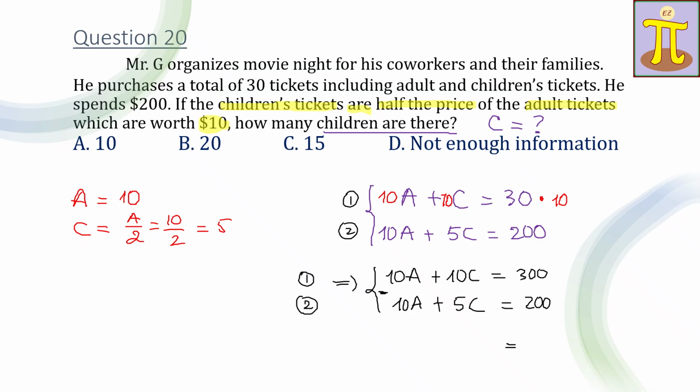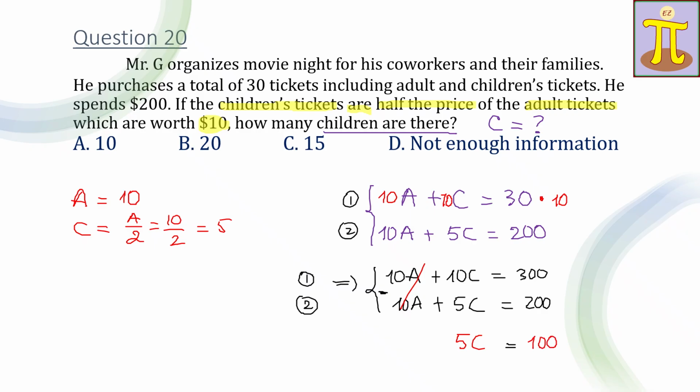So we have 10A minus 10A, that's 0A, that's gone. 10C minus 5C, that is 5C. 300 subtract 200, that's 100.